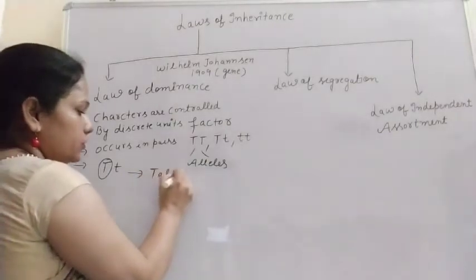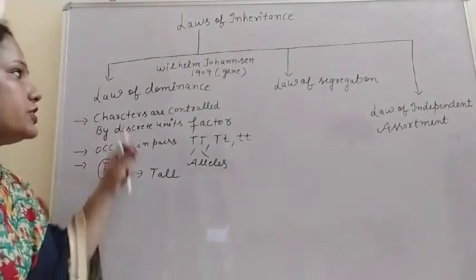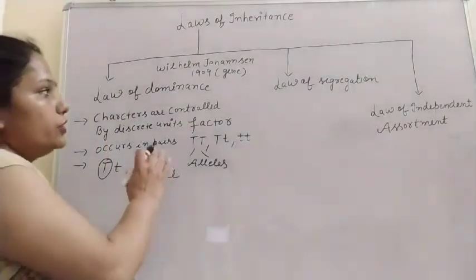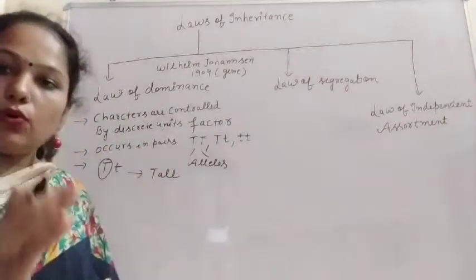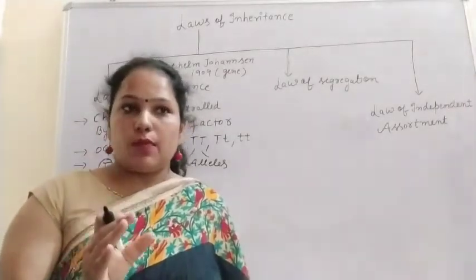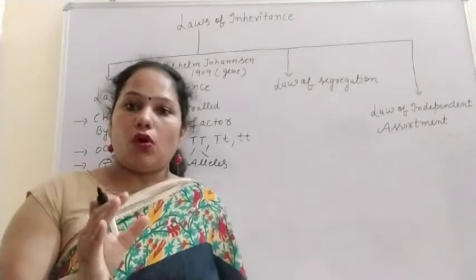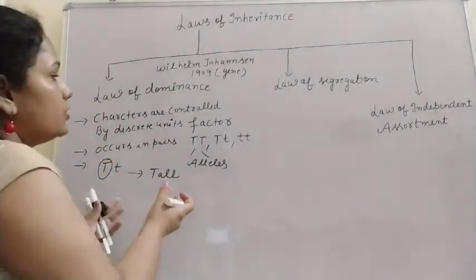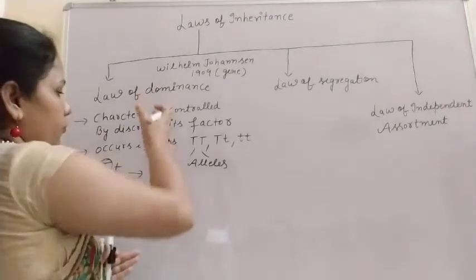This is known as the law of dominance. We have done the monohybrid cross, and the monohybrid cross is the best example to show the law of dominance. With the help of one example you can conclude the law of dominance.